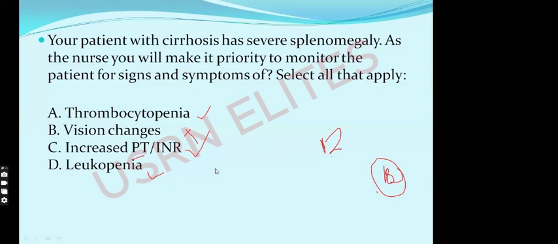The PTT is partial thromboplastin time. The PT and INR is for warfarin, but the APTT is for heparin.